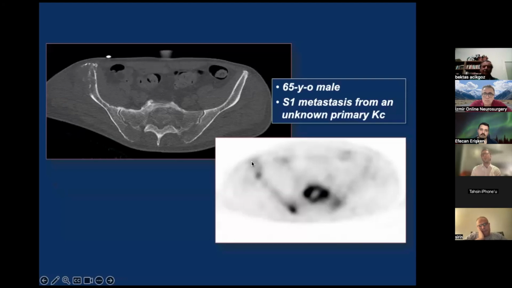Another example, a 65-year-old male with an S1 metastasis from an unknown primary cancer. And you see the same, it's challenging to put a bone needle. Usually we use a transsacroiliac approach, but here the trajectory is not always easy to find accurately.